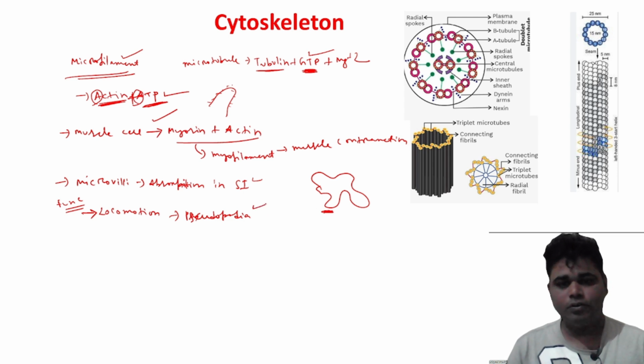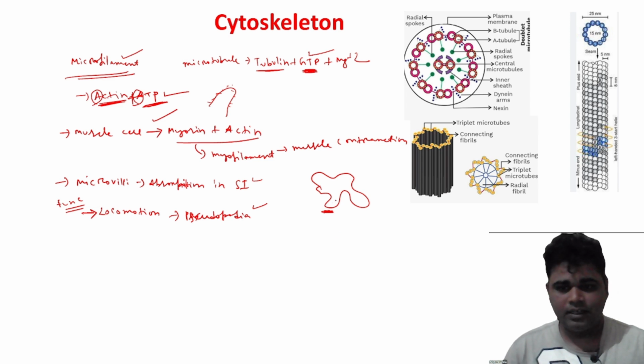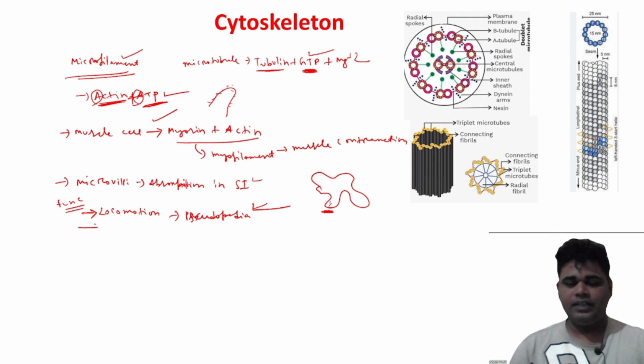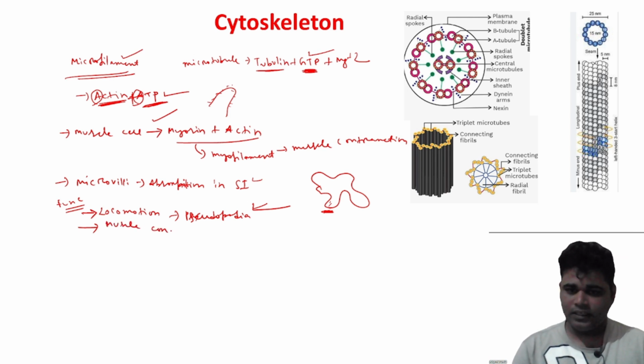Pseudopodia is the plural, the singular is the pseudopodium. So here in the pseudopodia the microfilament is present and it helps in the locomotion. Secondly, it also helps in the muscle contraction.